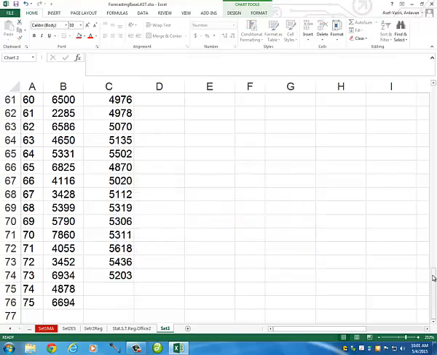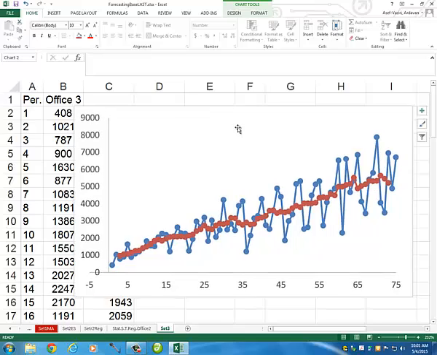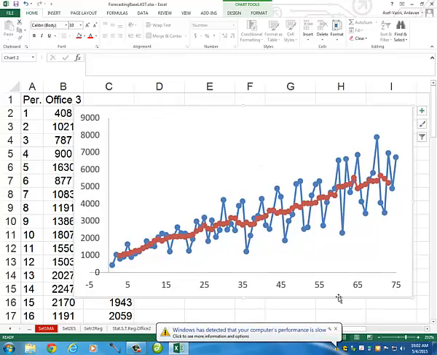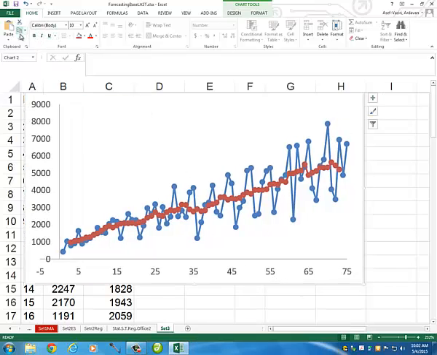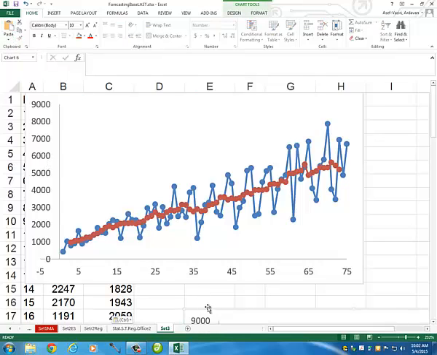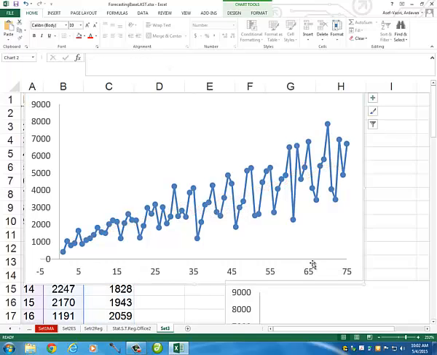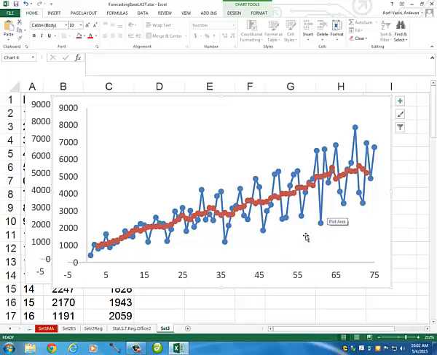Okay, and now I have this data without seasonality. Let me just do something simple. Copy and paste, and then I go here, I remove this data. That is my original data. This is seasonality removed data.